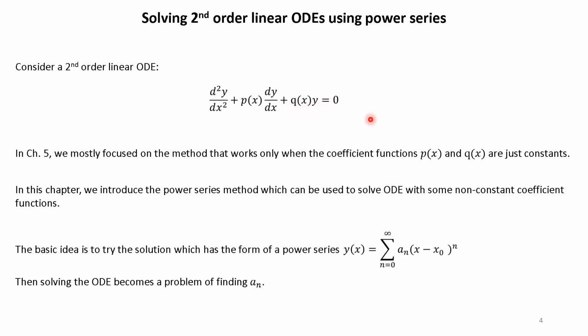In the chapter on ODEs, we have solved this second order linear ODE. However, most of the time we just have these two coefficient functions be constant, and in that case you just need to find the characteristic equation, and then you know your solution is either sine, cosine, or an exponential function.